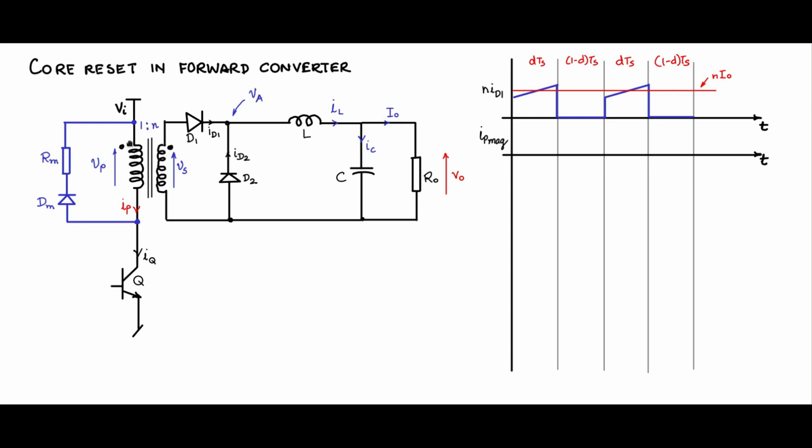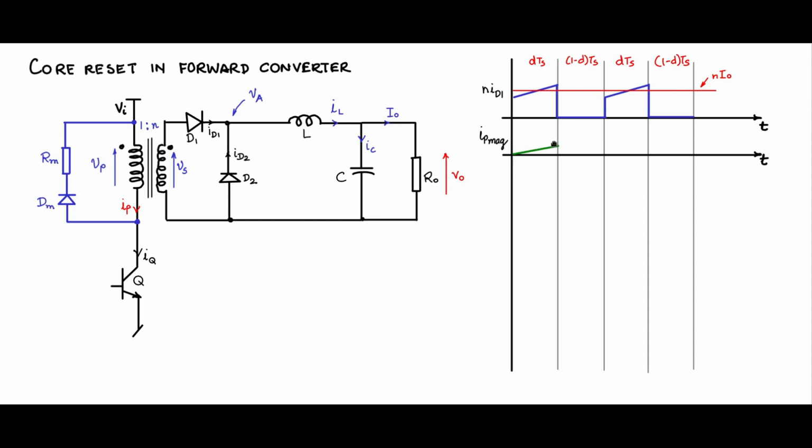When Q is on, Vi is applied across the primary winding. It's a constant voltage. So for the magnetizing current, from Faraday's law, Vi is equal to Lm di by dt. The magnetizing current will have a slope of Vi divided by Lm. So it will start from 0 like that.